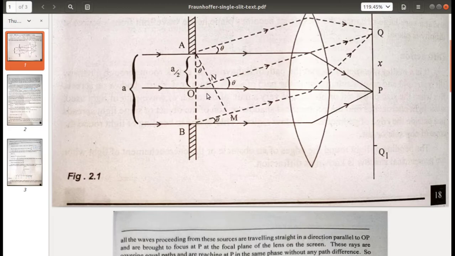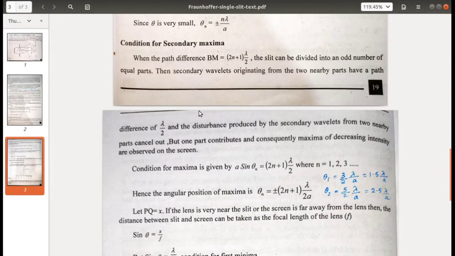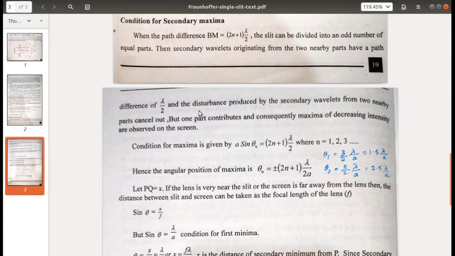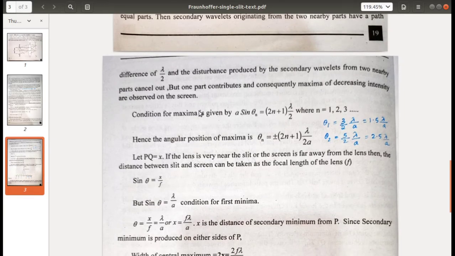They will interfere destructively and we will get minima, but there is one more part left, because we have divided it into 3 parts. From that part we will get a bright point in the distribution of light on the screen. That's how we get a maximum on the screen.